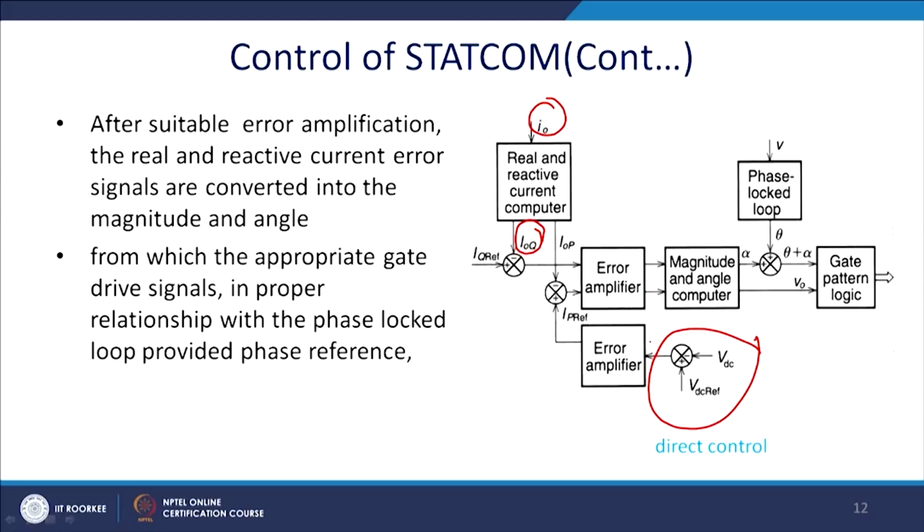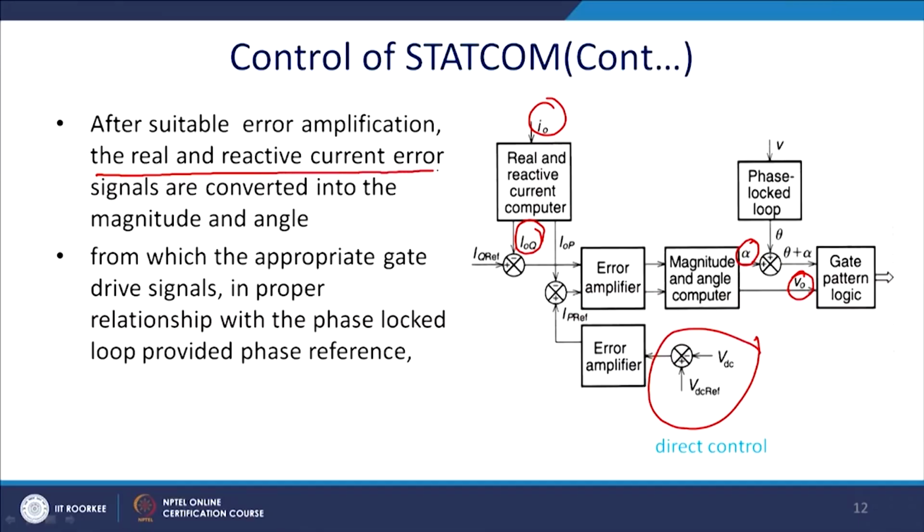Generally, it is a different error amplifier, and the output of this is fed to the magnitude and angle computing block of this processor. From there, it will generate alpha and V0, and alpha will be added up with the PLL angle. So effectively this angle will be theta plus alpha, and that will be fed to the gate signal logic to fire up the GTOs or IGBTs.